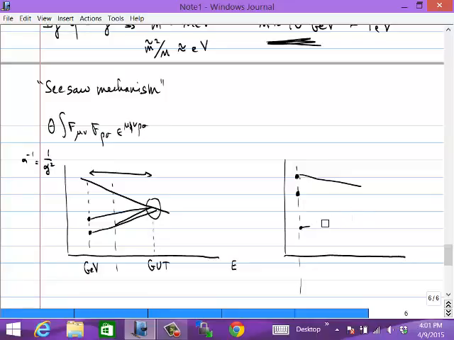Right now everything looks like it's going to unify at some very high scale, so that these will all converge right around here. But some models that people like to think about are ones where there's some other dynamics here that makes them all unify instantly, basically. It focuses all of these onto a point. So that would mean that the GUT scale is actually right around the corner, if that happens.